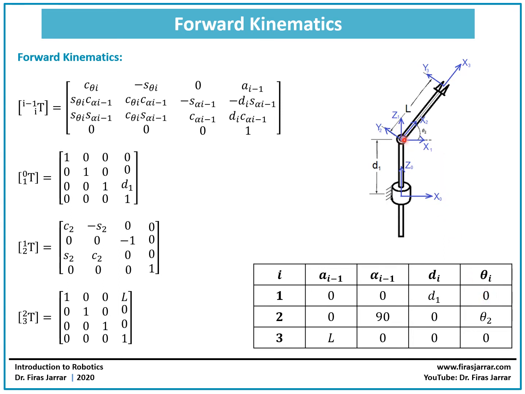Theta 2 is the angle about Z2 between X1 and X2, and this is variable and it's going to be equal to theta 2. And finally theta 3 is the angle about Z3 between X2 and X3, and these two are parallel, will remain parallel, and thus it's going to be equal to 0.